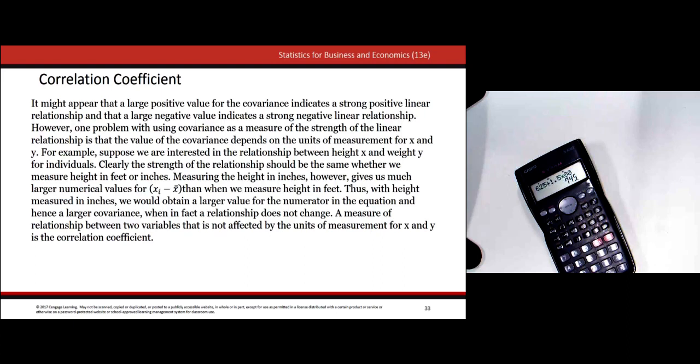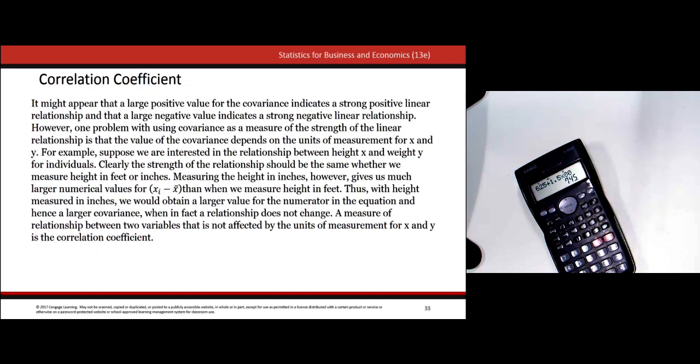So it might appear that a large positive value for a covariance indicates a strong positive linear relationship, and a large negative value indicates a strong negative linear relationship. But one problem with using covariance as a measure of the strength of the linear relationship is that the covariance depends on the units of the measurement.